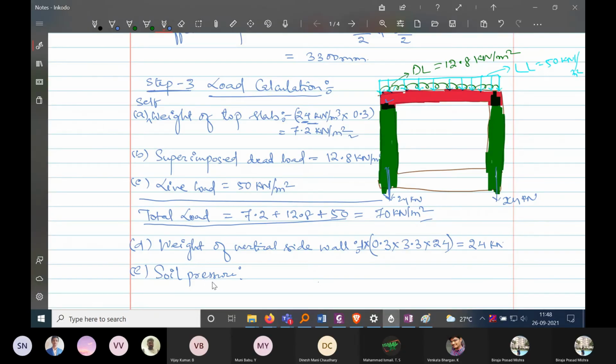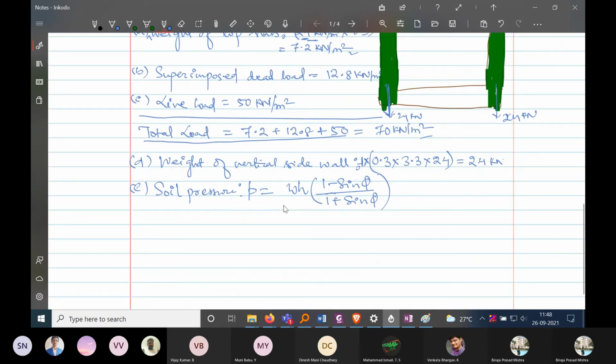So for the soil pressure, let us say the soil pressure is given as P, so that will be W into H into (1 minus sine phi) by (1 plus sine phi). Now, what is this W? W is the density of soil at site.